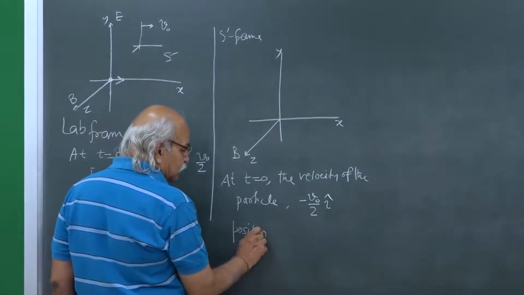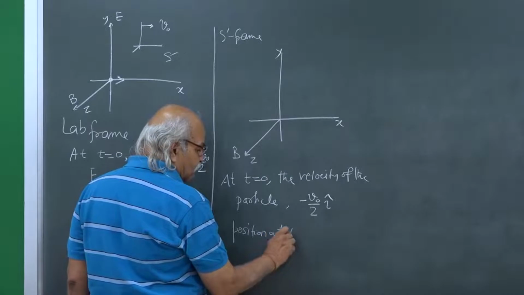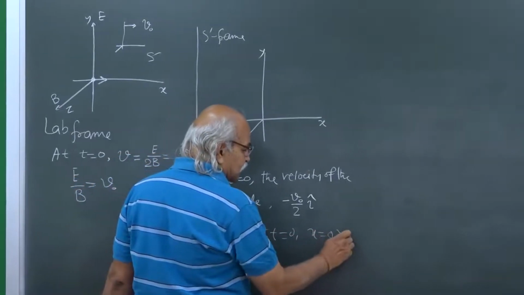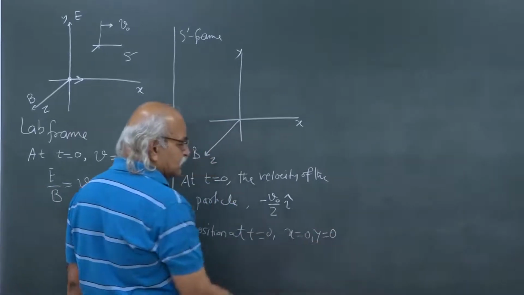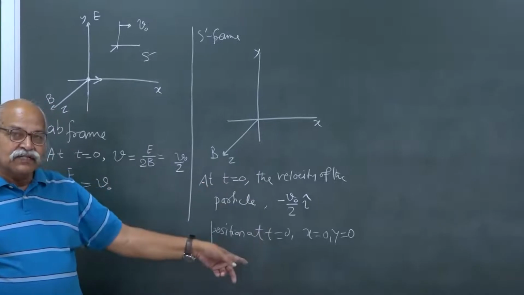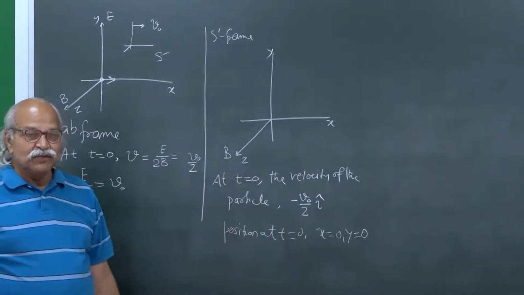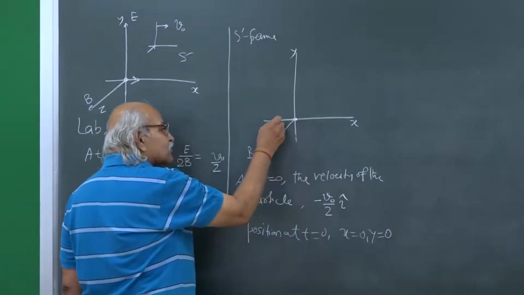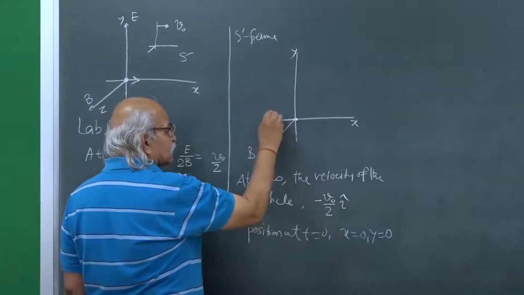Position at t equal to 0 is x equal to 0 and y equal to 0, and of course z is equal to 0. There is no motion in z direction anyway. Okay, so the initial velocity of the particle is minus V naught by 2 i cap. The particle is going in this direction with velocity V naught by 2.